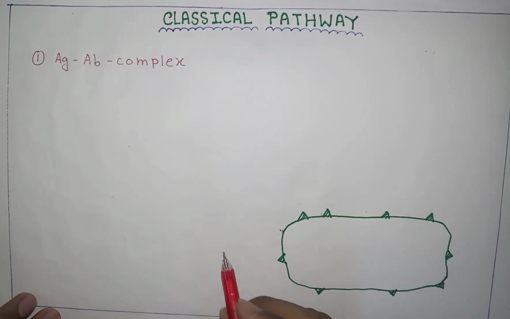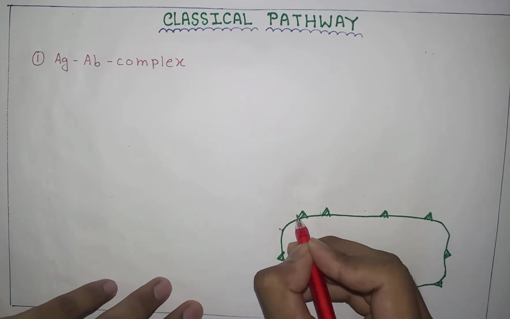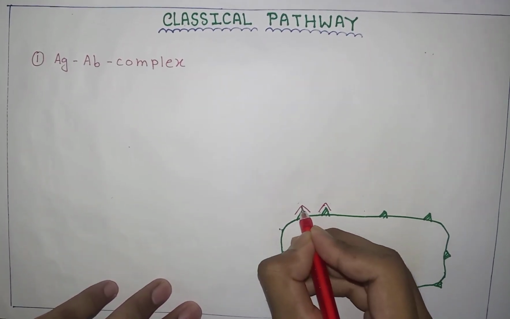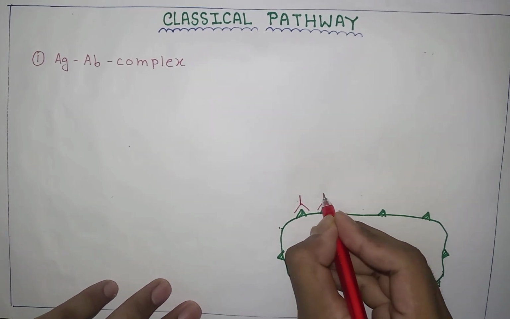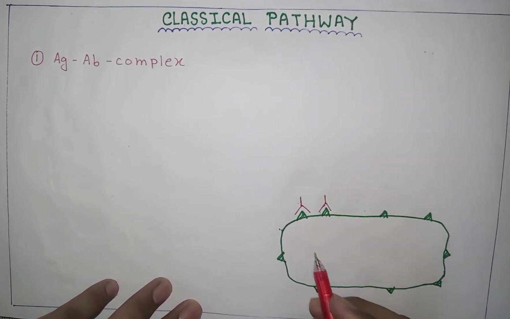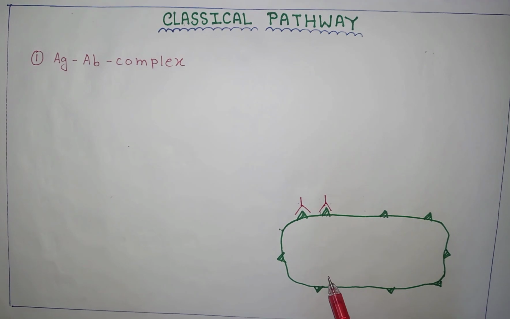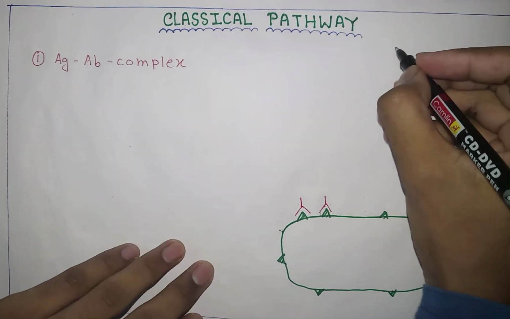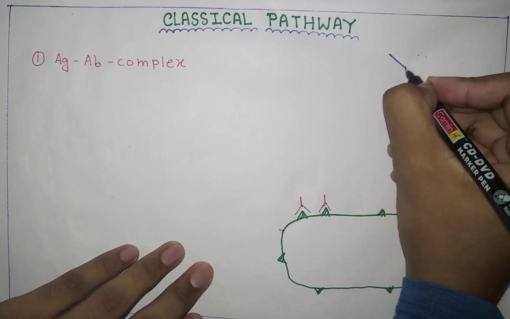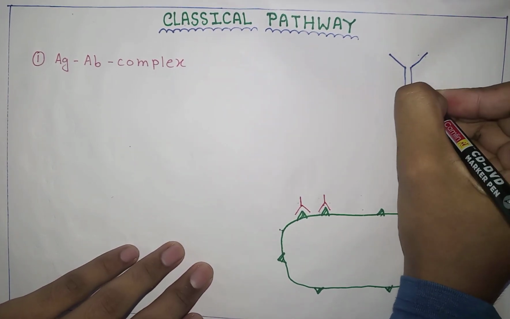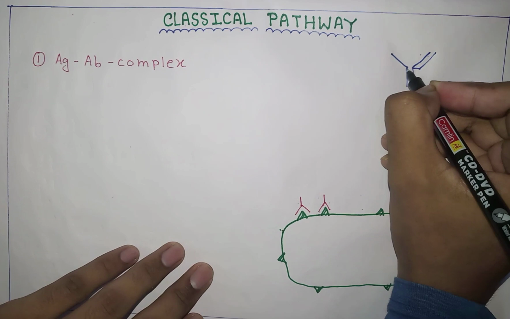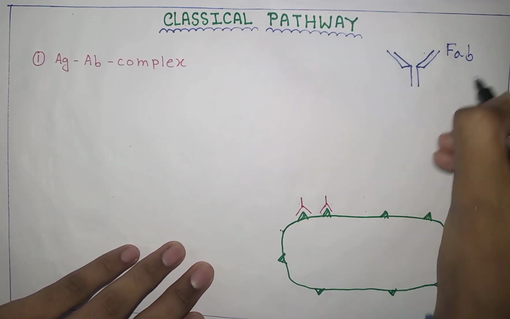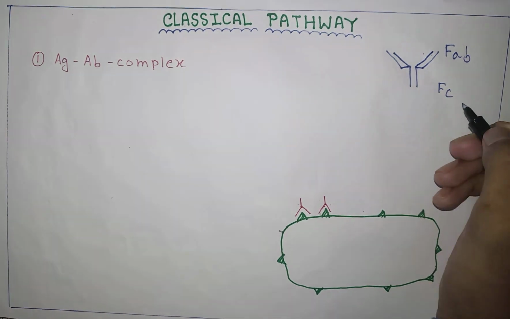That means the antibody will come and attach with these epitopes present on the cell surface of this bacteria. We know that in the pictorial diagram of an antibody there are two segments, FAB and FC.